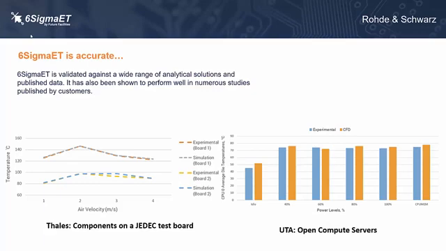On the left here, you can see a study by Thales where they simulated a component sitting on a JEDEC test board and compared the simulation data versus measured data, and as you can see from the graph, they show excellent agreement. And also the University of Texas at Arlington, as part of the Open Compute project, validated Six Sigma ET against experimental results, and you can see again excellent agreement.